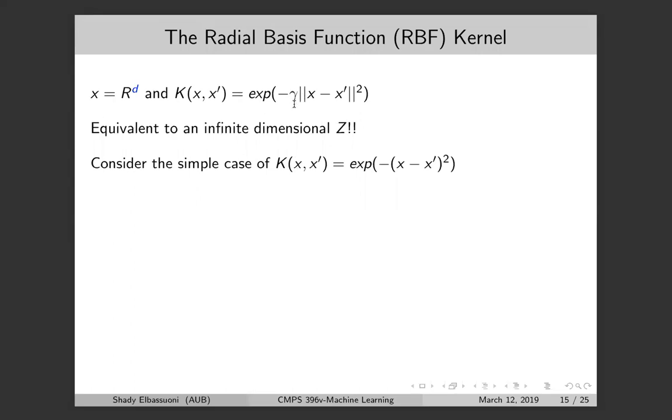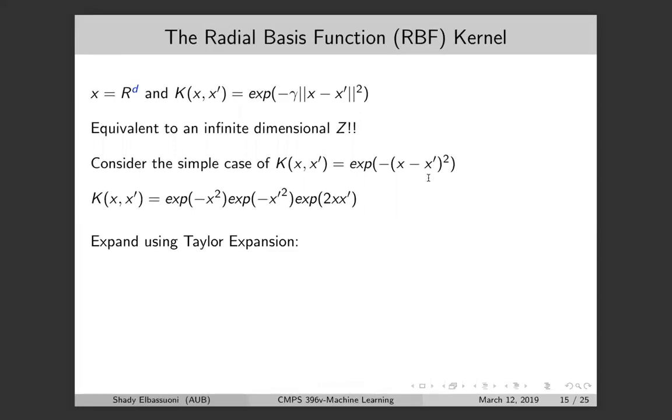So this is equivalent to e to the power of minus x squared, e to the power of minus x dash squared, e to the power of 2 x x dash. I expanded this.